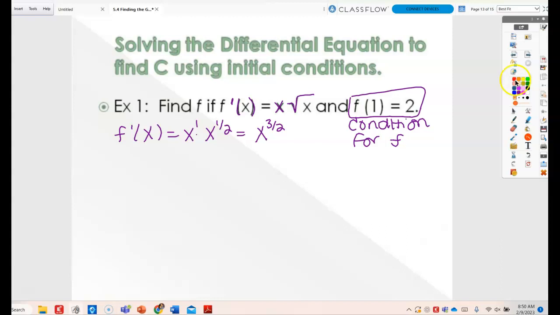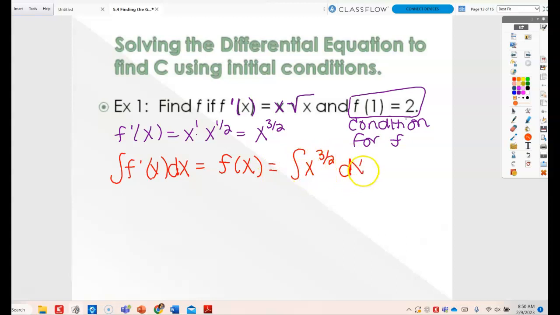So what we're going to do is integrate f prime of x dx so that I can find f of x. So in this case, that's like integrating x to the 3/2 dx, which is equivalent to 2/5 x to the 5/2 plus c.